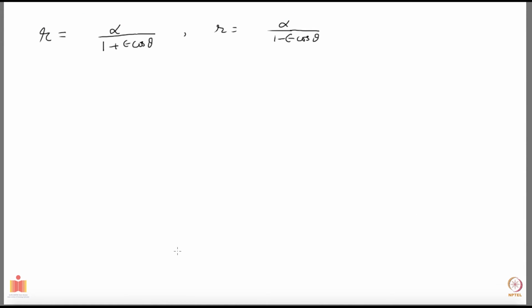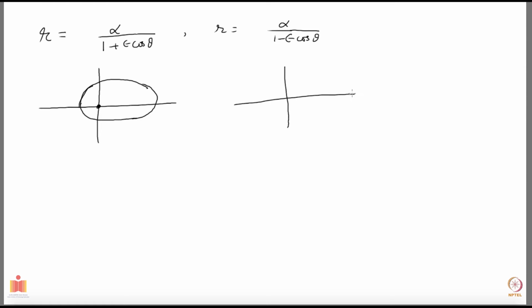Let's ask what these ellipses look like. This ellipse looks like this, and that's how we constructed it. We started with this. This is one of the foci, and this also looks identical to the one I have drawn just now. So you get the same thing.